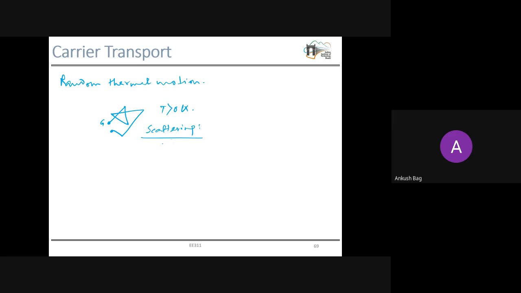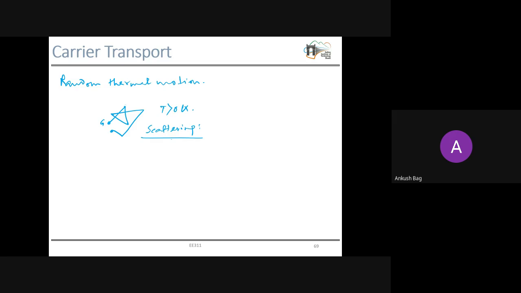Typically there are three types of scattering. Scattering means the electron will collide with some particle, some atoms, because in a crystal the electrons will find either an atom or an ion. Why an ion? Because if we dope the semiconductor, after donating one electron or hole, that particular atom will be ionized.